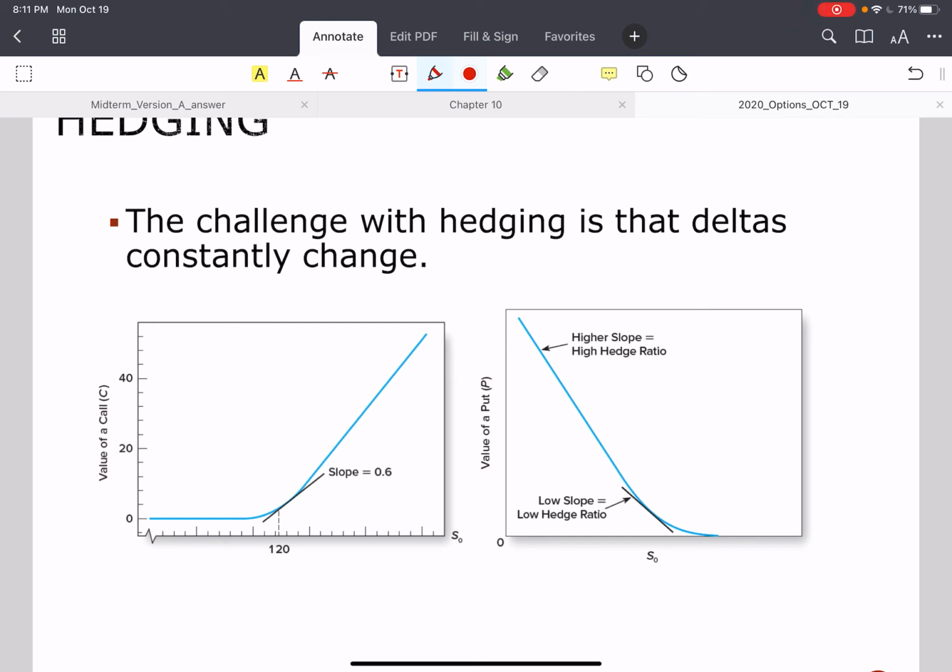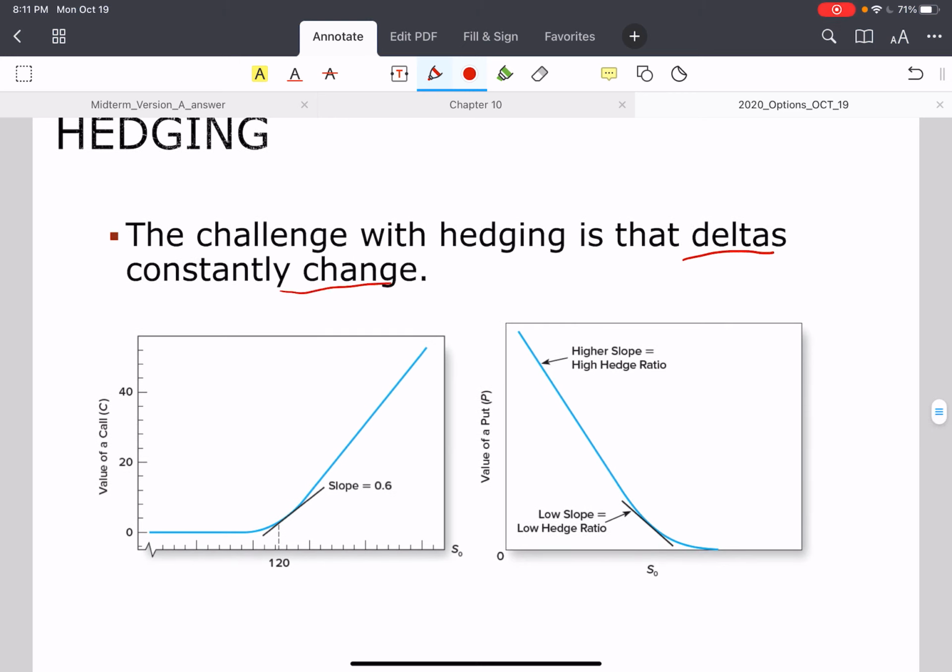Why do you have to make an adjustment? Well, the reason is because delta changes, right? That is, as share price changes, delta will change. If delta changes, the hedge ratio changes. This means you have to make an adjustment in your hedging portfolio, right?